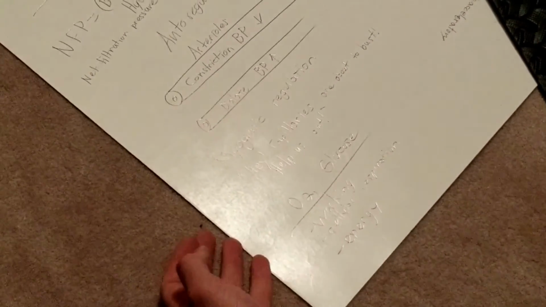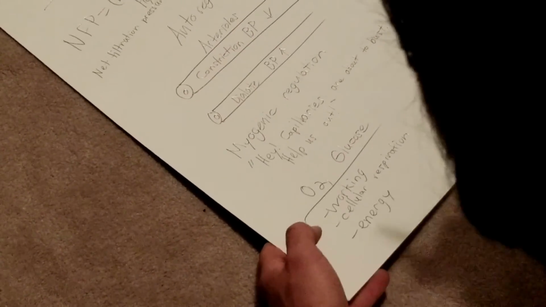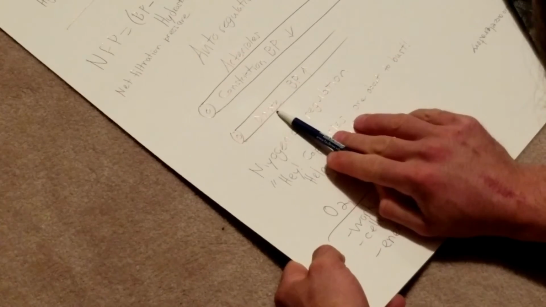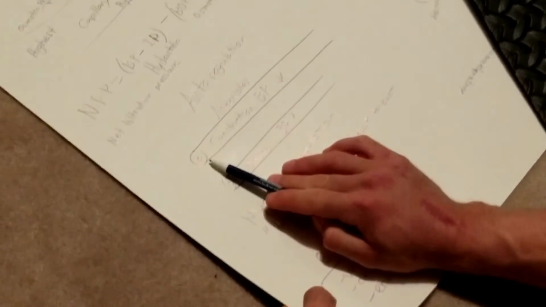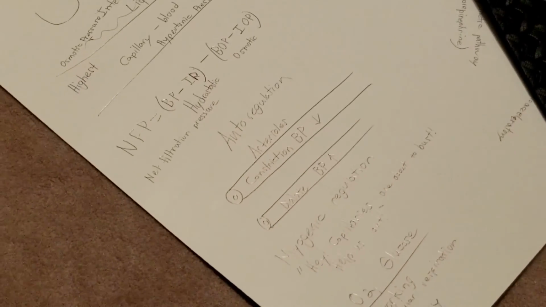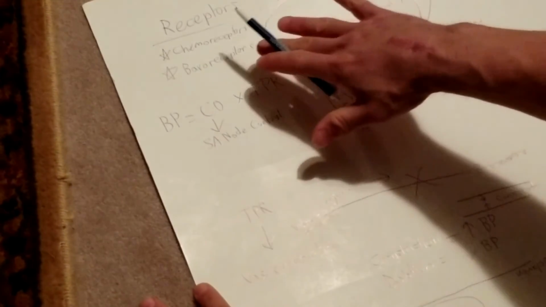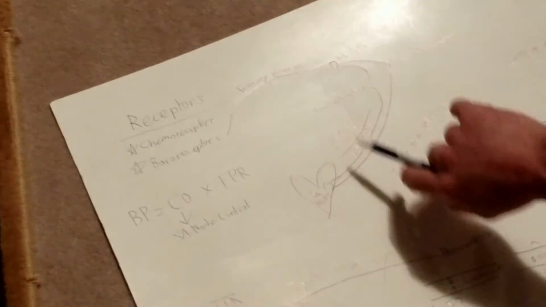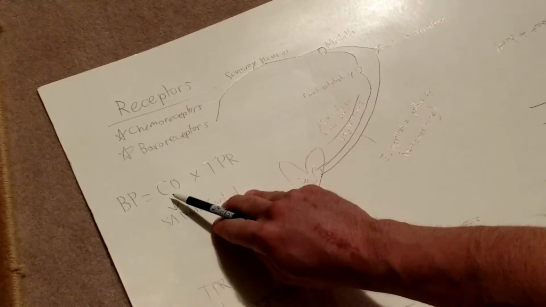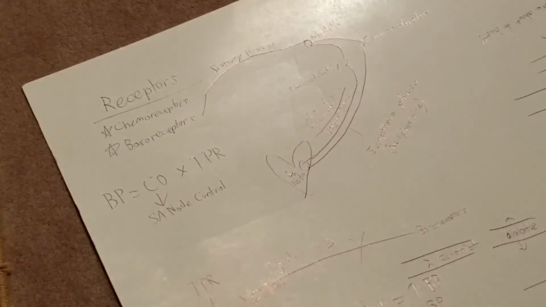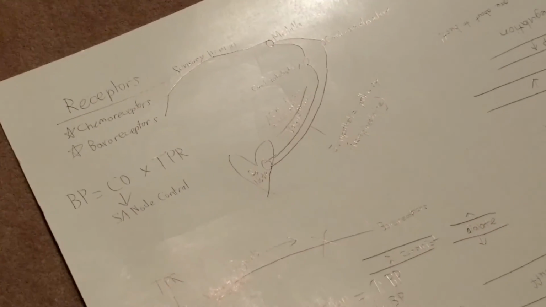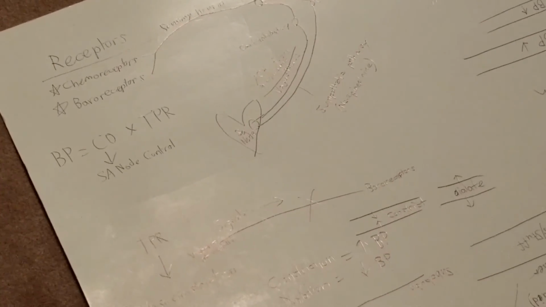So if we need more, then our arterioles dilate, and if we need less, then our arterioles constrict. And this is all done by what we went over earlier with our chemoreceptors and our baroreceptors. So all of this, our chemoreceptors and baroreceptors controlling the cardiac output, and our total peripheral resistance, all of this relates to each other to control perfusion.